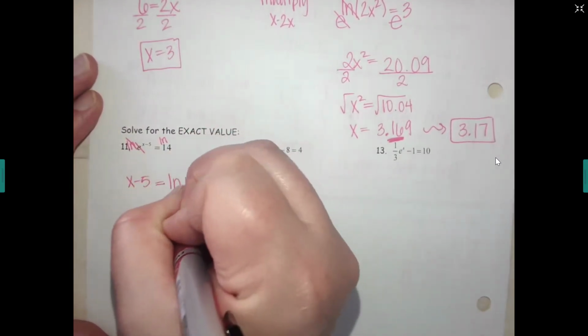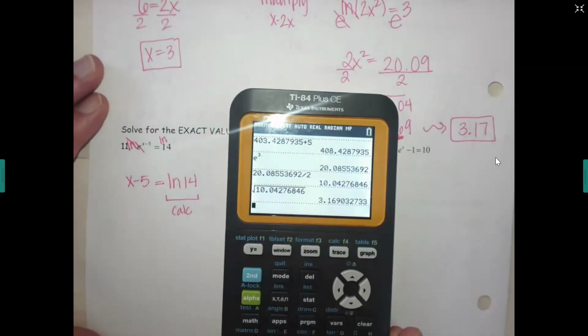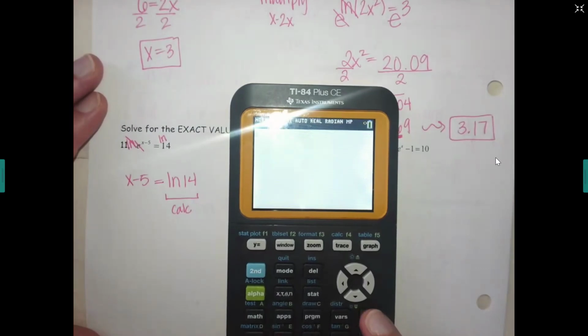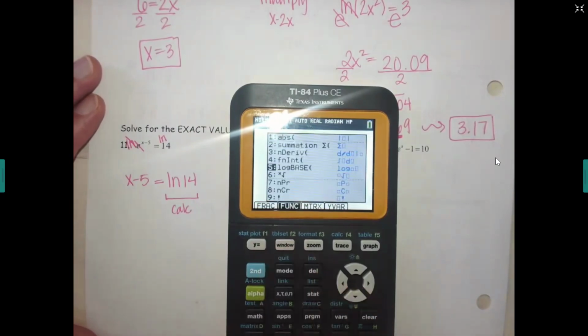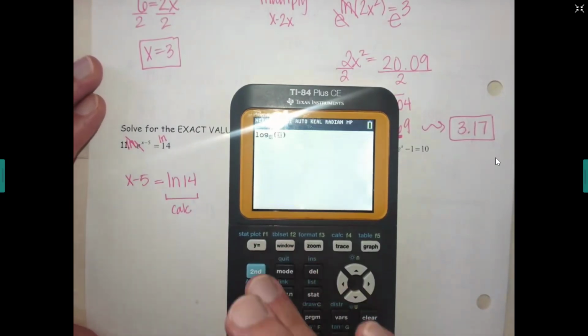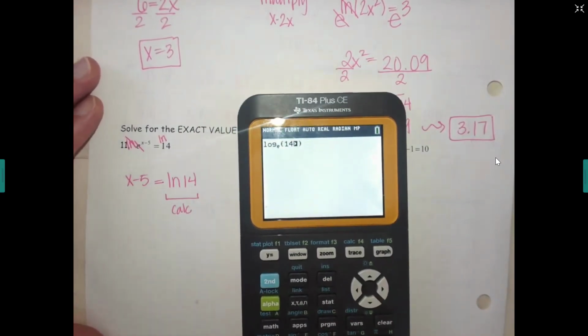Then you're going to put that in your calculator. There are two ways that you can type this in. The first one is that you can remember that an ln is a log little e, right? So alpha window, go down to log base, put a little e in your small box and a 14 in your big box. Okay, that is ln of 14.